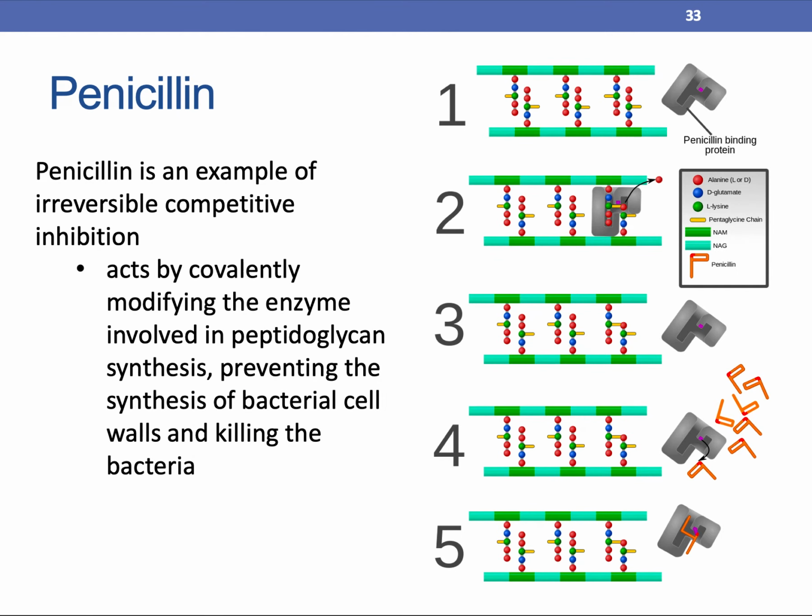Then you have penicillin. Penicillin is an example of an irreversible competitive inhibitor. What happens is that it is able to bind covalently to the sites where the synthesis of the peptidoglycan is taking place, and therefore prevents the formation of the cell wall.